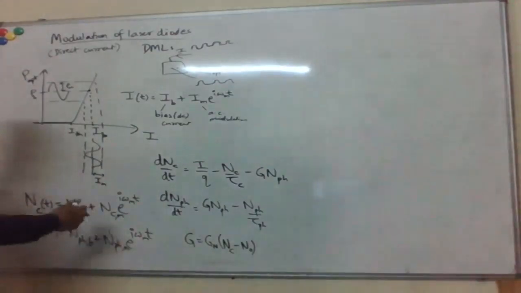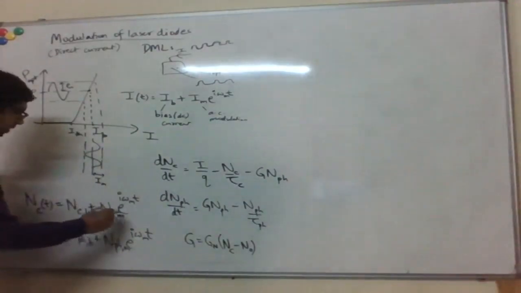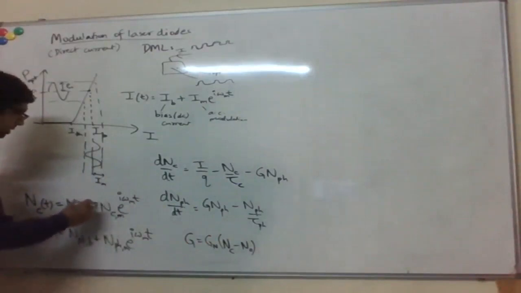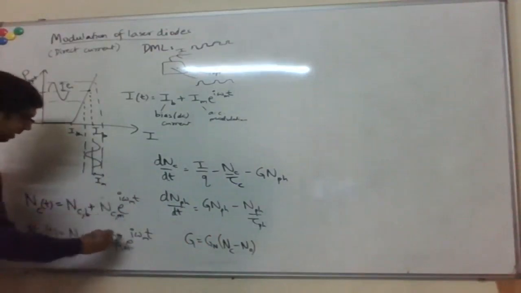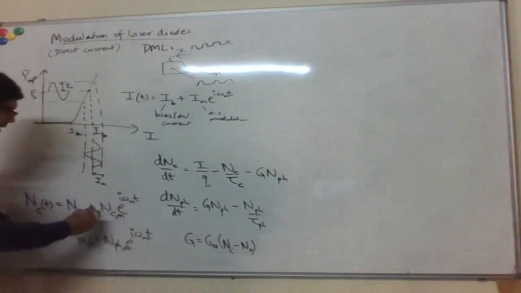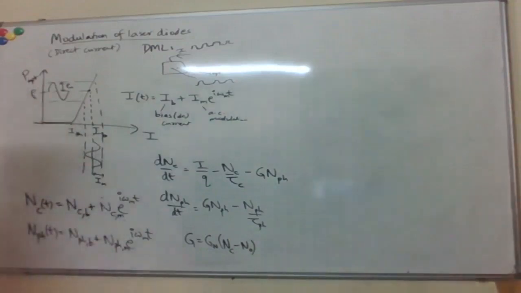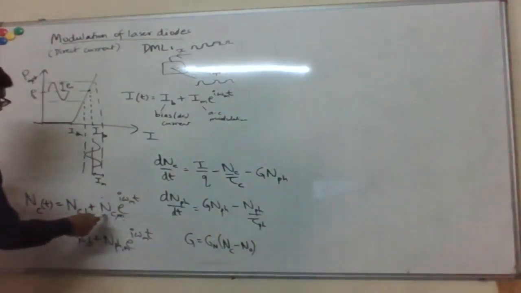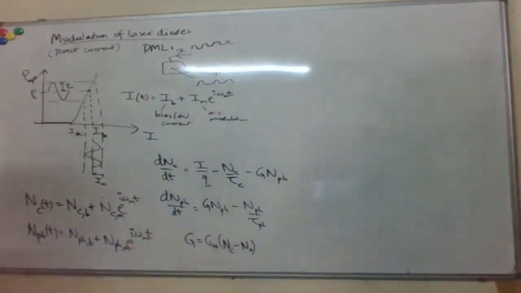So another thing to point out here is that we also noticed in the LED case that this NCM and N photon M will in general be complex numbers, as we'll see. So what does that mean? Of course, the number of carriers or the number of photons has to be a real number, right?